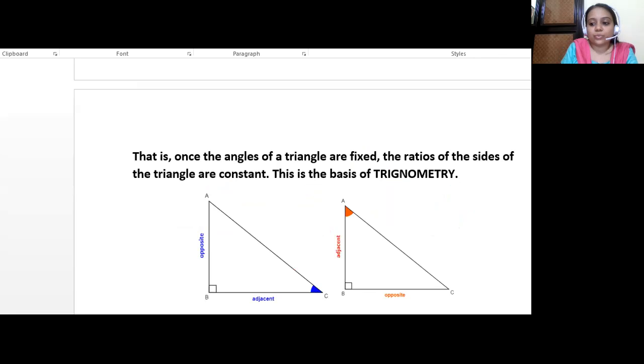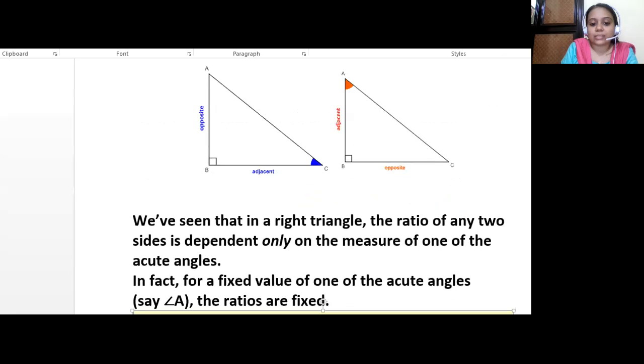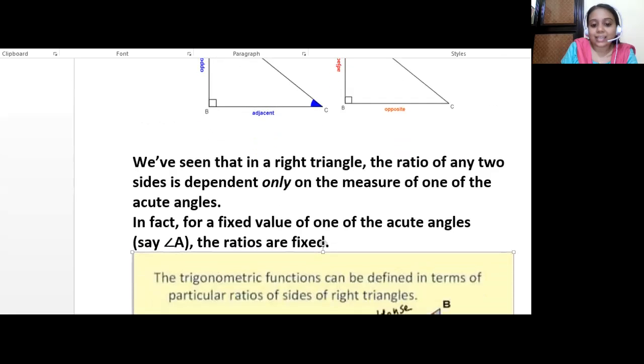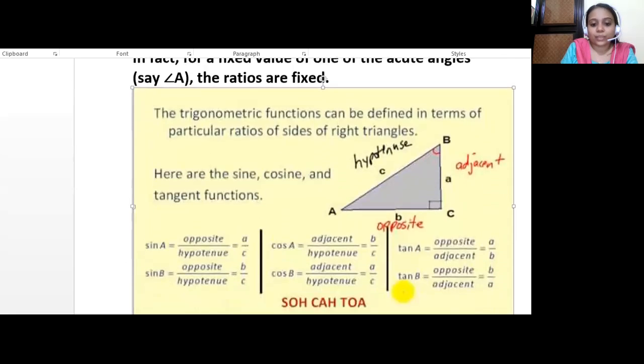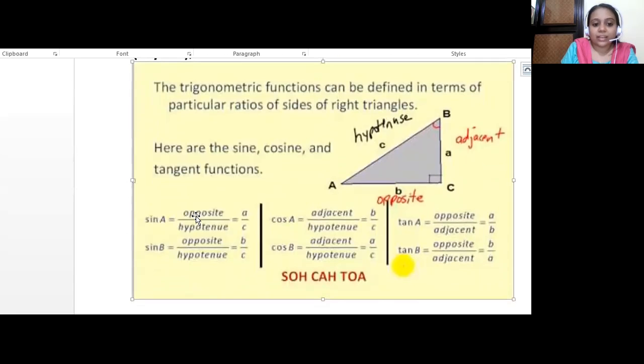Now, we want to find more clarity in this. We want to equate that angle and the ratio of the sides with respect to that angle. So this is the ratio of the opposite side and hypotenuse that can be connected to the angle A. I mean, we are looking from angle A and labeling opposite and hypotenuse.